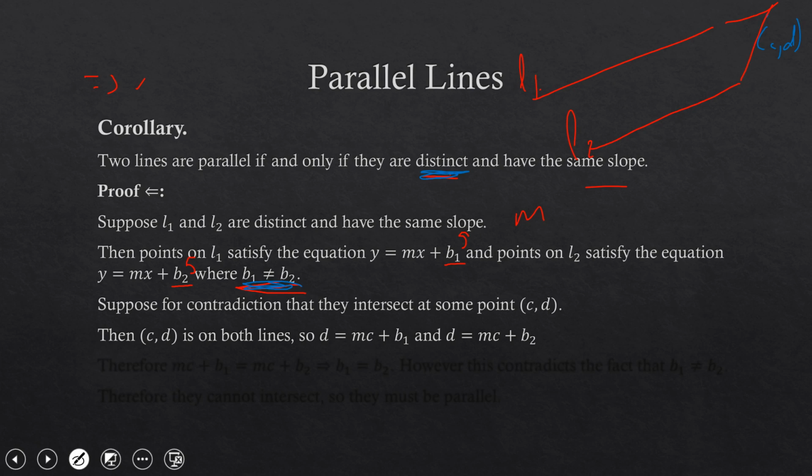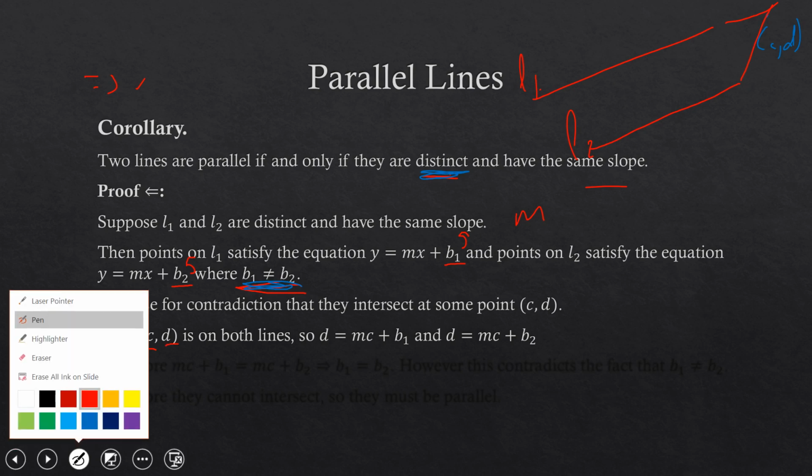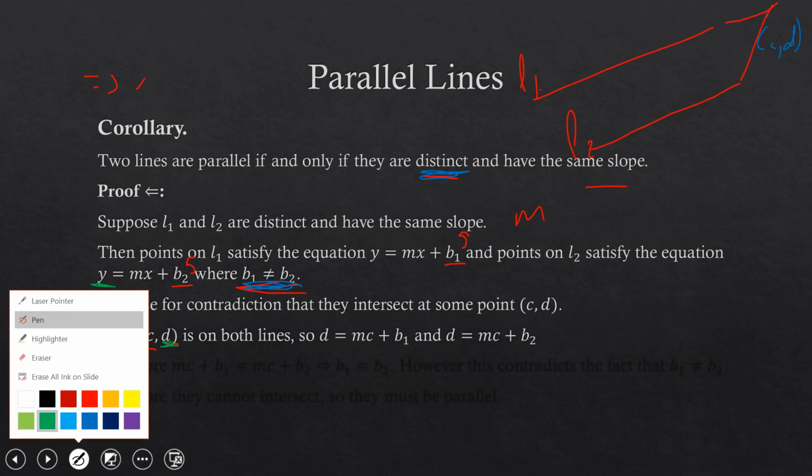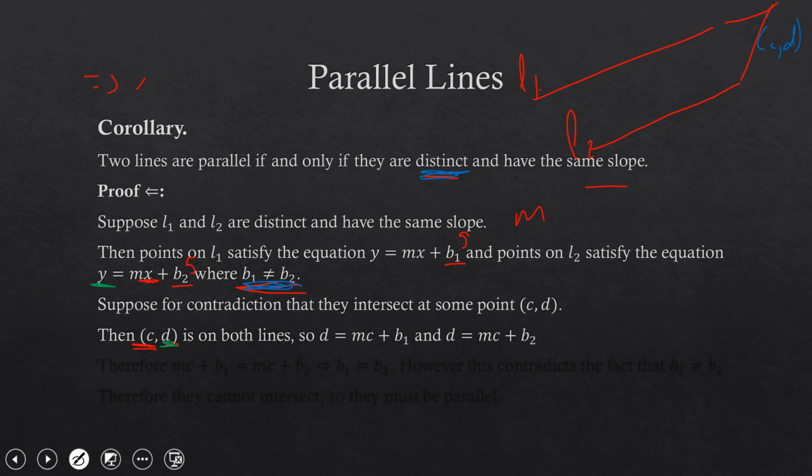So it's on both lines, meaning that if we plug in c for x and d in for y, we're going to get equations that use all of our values, d, m, c, b1, and b2.